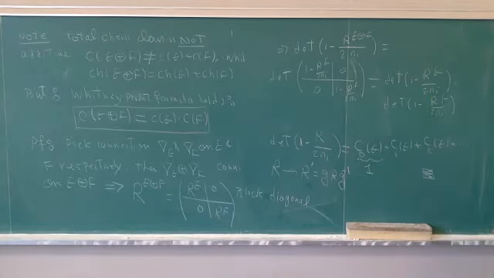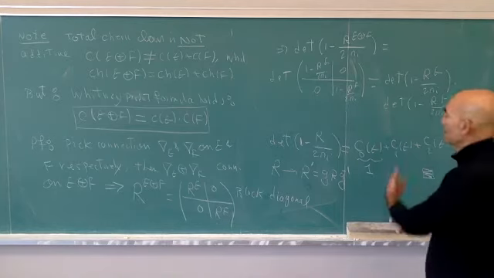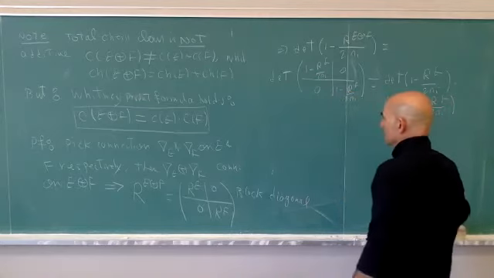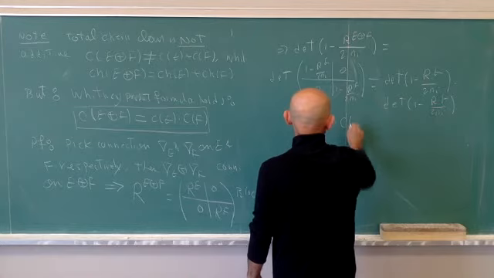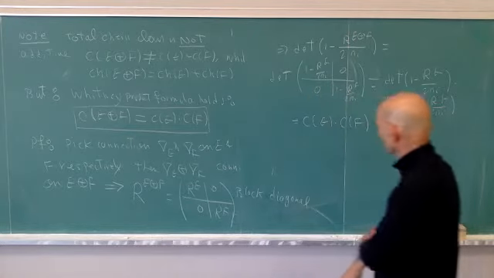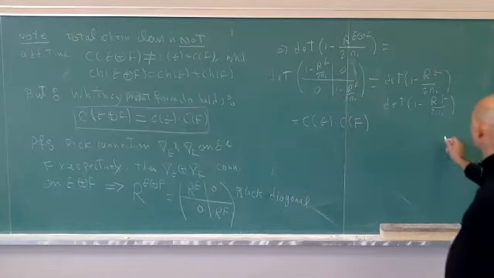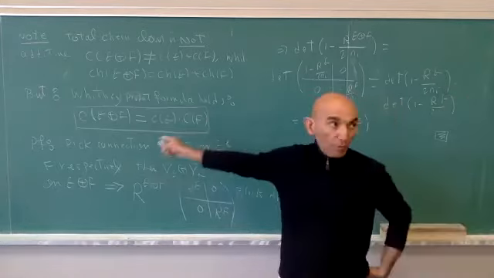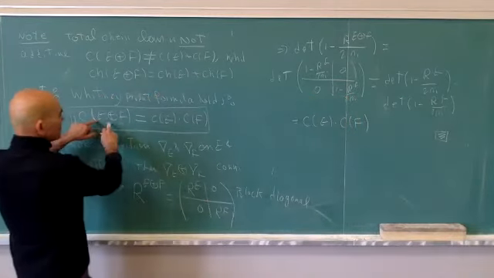And this is, of course, the product of total Chern classes on the right hand side. This is C of E times C of F. So this Whitney product formula is very important because it tells you what happens under the direct sum.